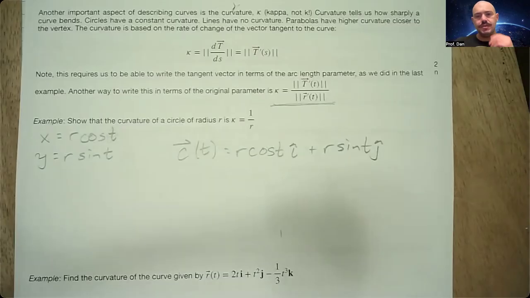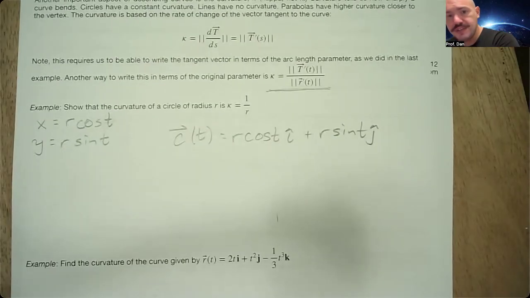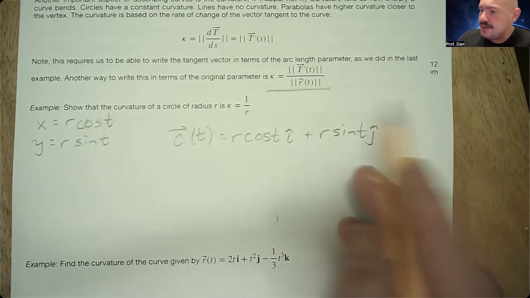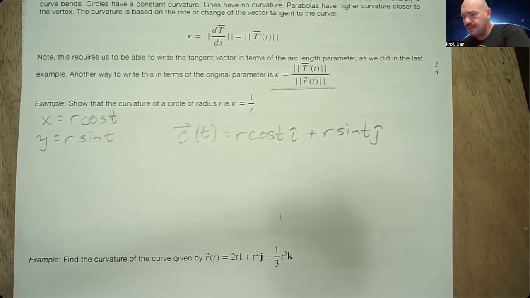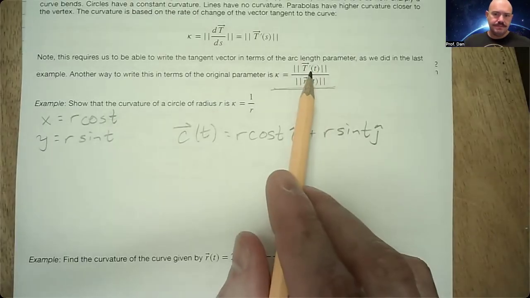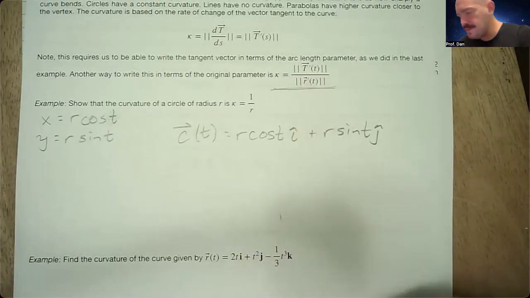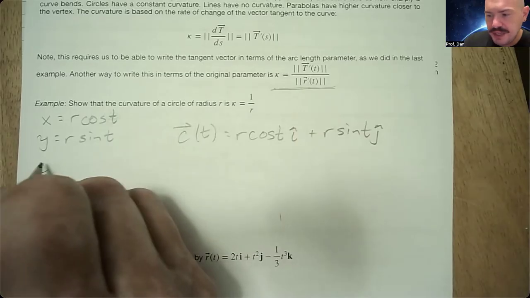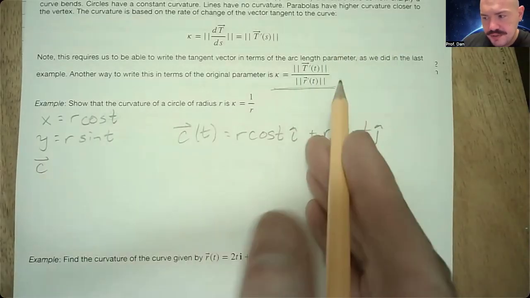This is just a circle in a two-dimensional plane with a radius of r. If I wanted to use this definition of curvature, I would need to start by getting my unit tangent vector and its derivative.